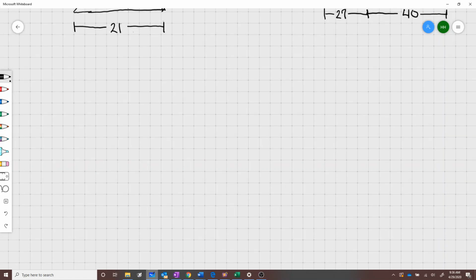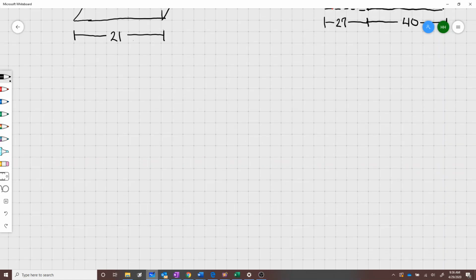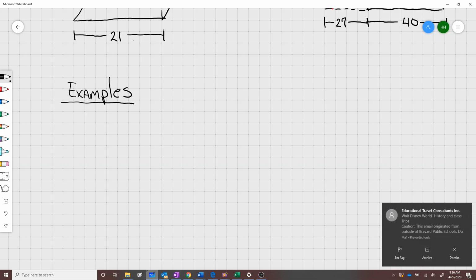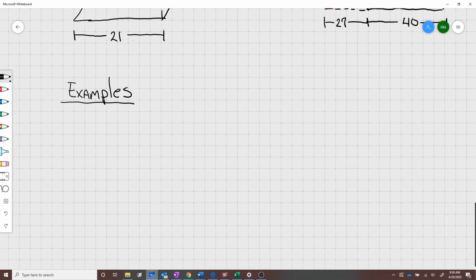Alright, so let's do some examples. So, here we go. We are going to be finding the area and perimeter. So here's our parallelogram, and here's our height.